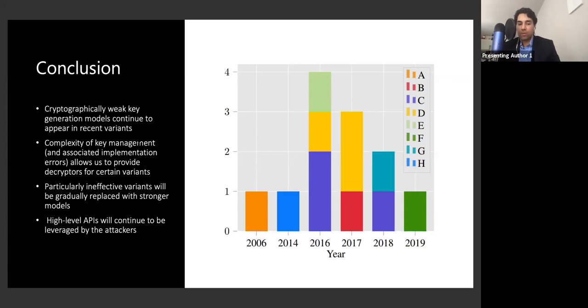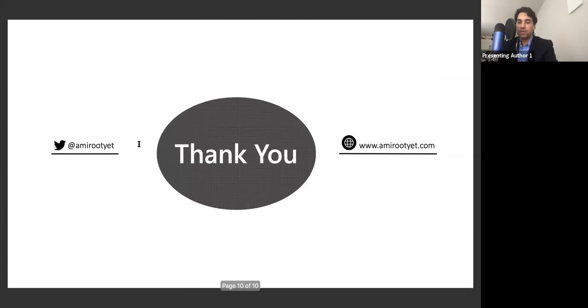However, until then, we still need to focus on how we can help the victims by recognizing signs of insecure key generation. And they will keep using high-level APIs, so that's an important part of the system we need to keep an eye on. And with that, I conclude this talk. Thank you very much. Please let me know if you have any questions.